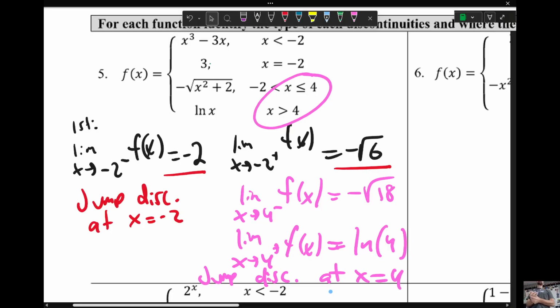Yes, that is also true. But what is the limit though? Yeah, so why not just quit there?